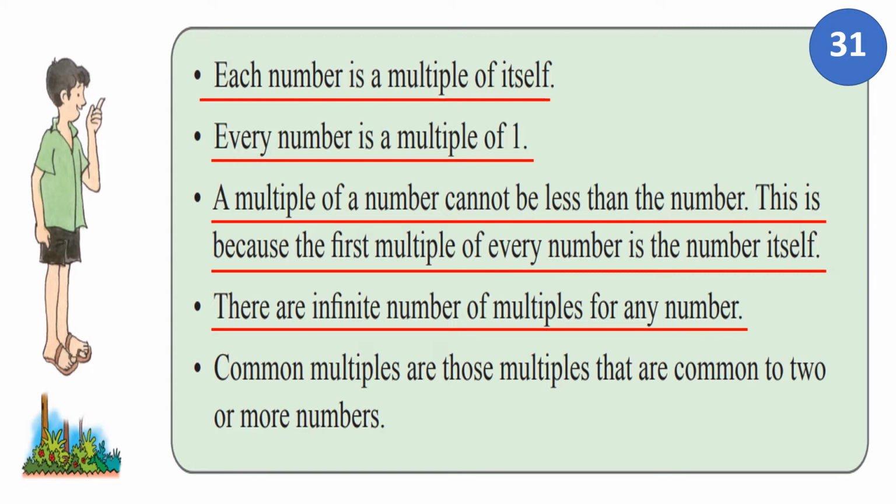There are infinite multiples for any number. Common multiples are those multiples that are common to 2 or more numbers.